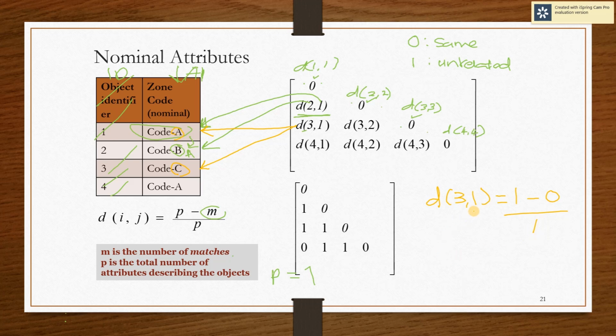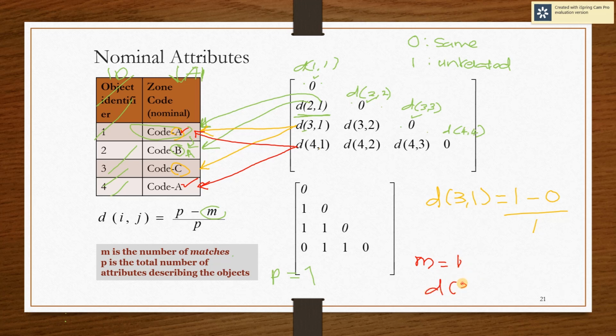What about D4,1? Let us take a look at D4,1 here, in red color. Object 4 versus object 1. You have A here and A here as well. So what is M now? M is equal to 1.